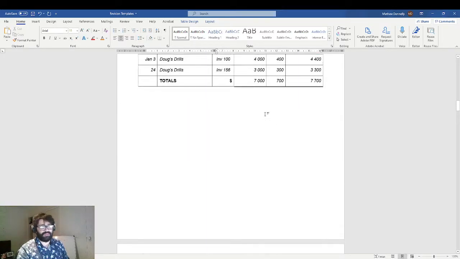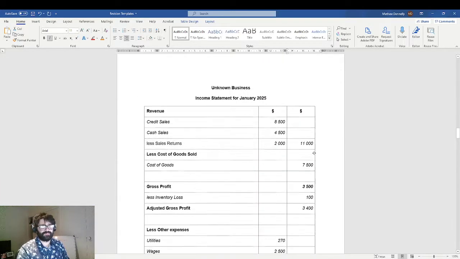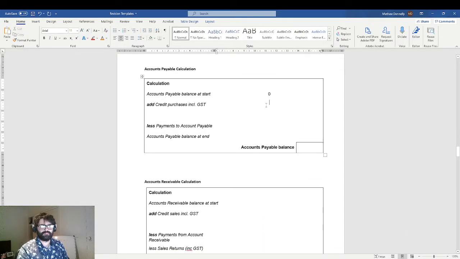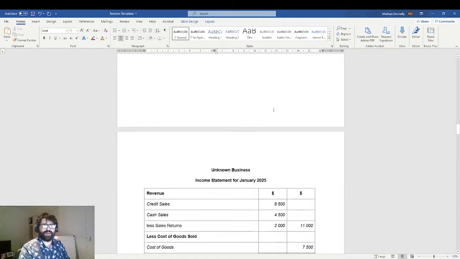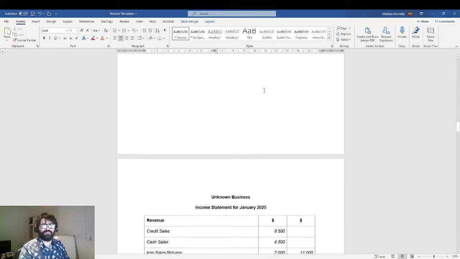That would be in the purchases journal, and we go to the bottom corner, which is 7,700. And that gives us a subtotal of 7,700. We less the payments to accounts payable, which was 3,000.